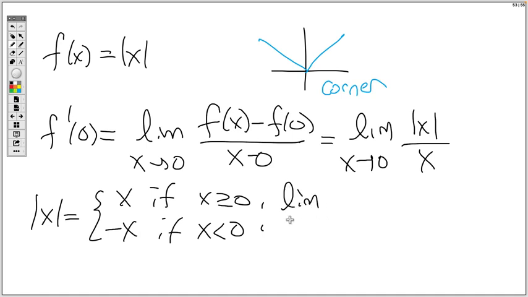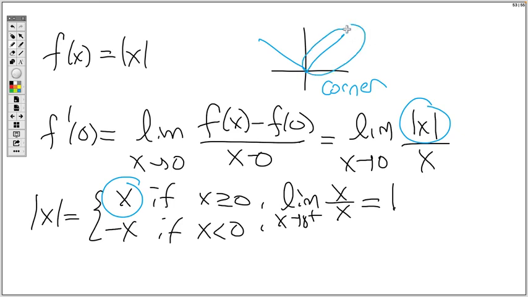So if I look at the limit as x goes to 0 from the right, I'm just going to put x in for the absolute value of x. And what's x over x? 1. Which hopefully makes sense because that's the slope for the positive x values.